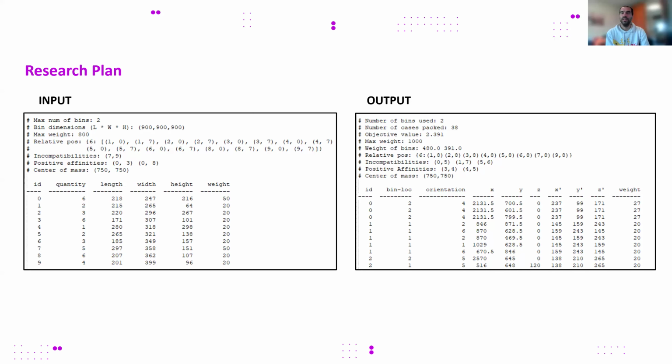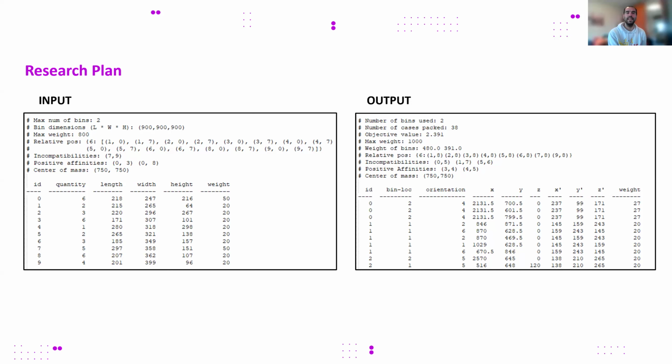Then the output on the right side is text-based, the one that we are seeing here in the slide, in which we say the objective value, the weight accumulated in each of the bins, and also the position of each package. But we also have an image-based output, to ease the visualization of the solutions.